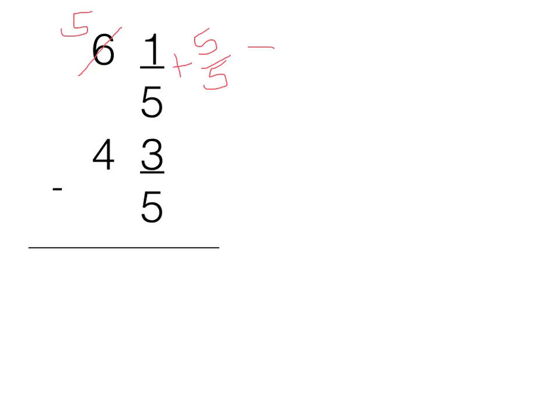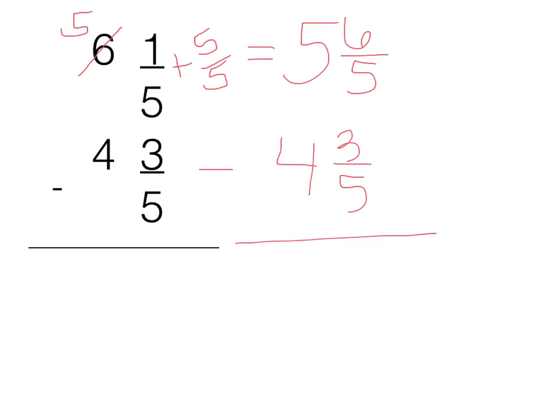So my new mixed number is going to be 5 and 6/5 minus 4 and 3/5. That didn't change. So I'd keep my denominator. I can now subtract 3 from 6, which is 3, and 4 from 5, which is 1. So my answer would be 1 and 3/5.